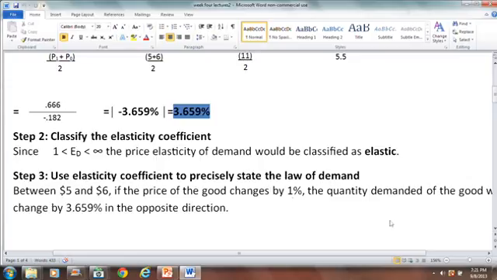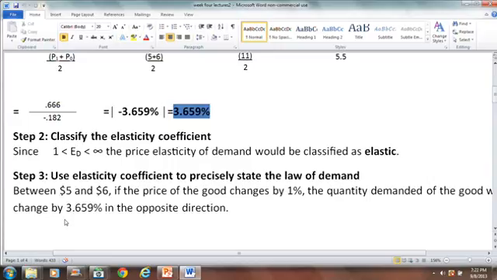So if the price changes by 1%, then the quantity demanded of the good will change by 3.659% in the opposite direction. So now instead of simply saying price goes up and quantity demanded goes down, I can say if the price between $5 and $6 changes by 1%, the quantity will change by 3.659% in the opposite direction.